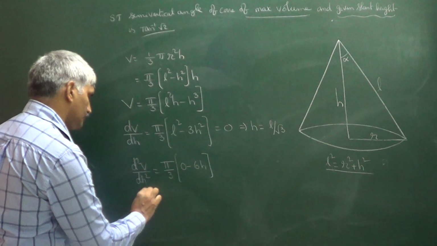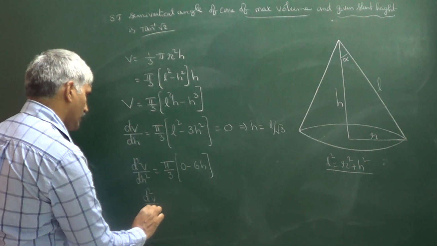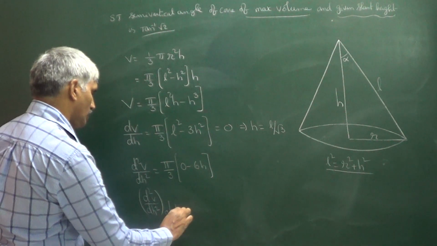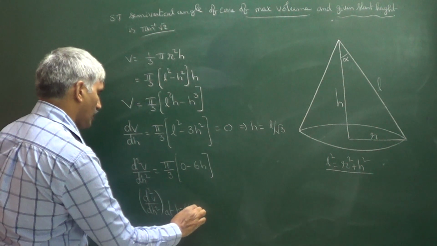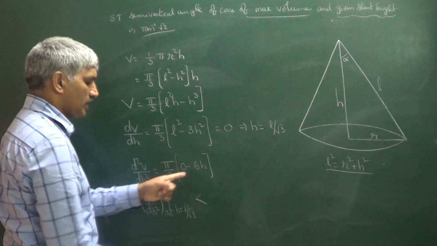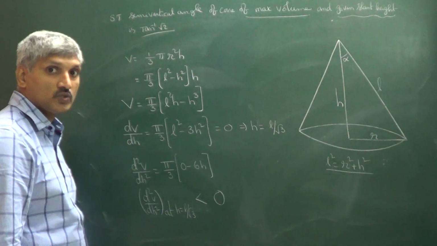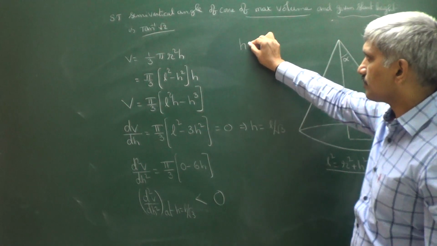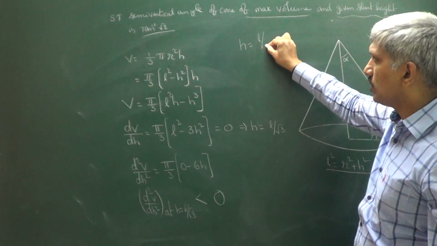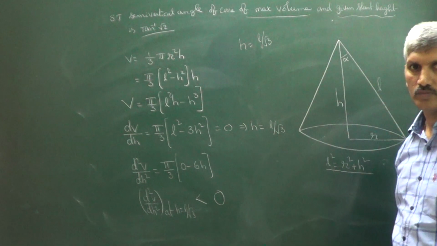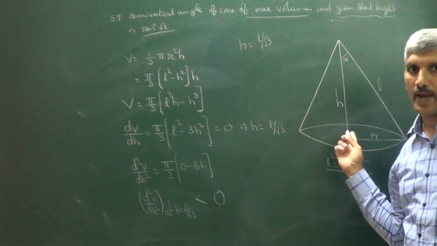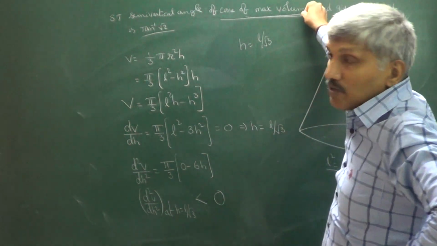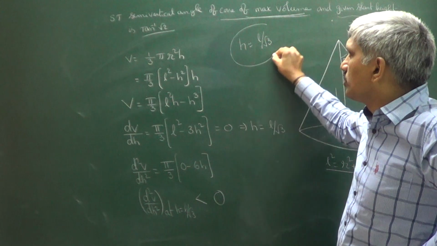Now check d square V by dH square at H equal to L by root 3. No doubt we are getting negative. That means when H is equal to L by root 3, the cone volume is maximum. Okay, that part is over.